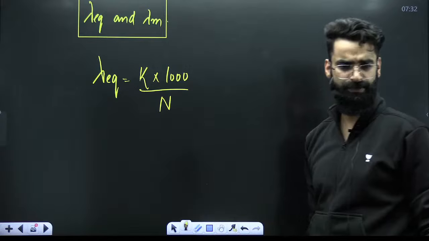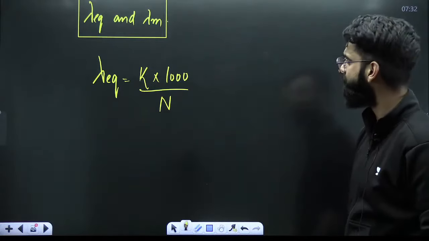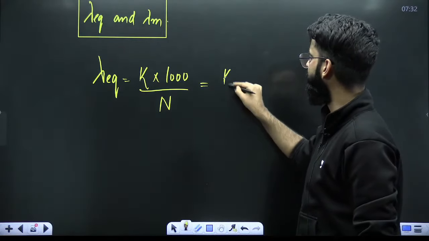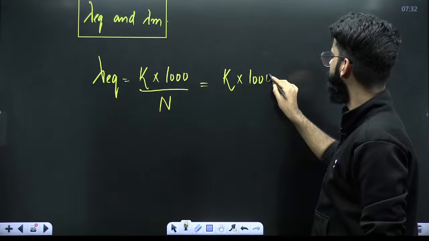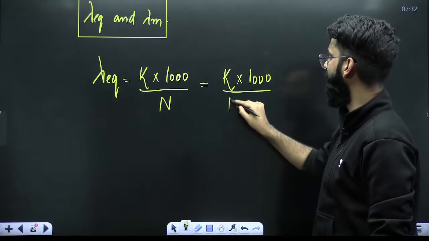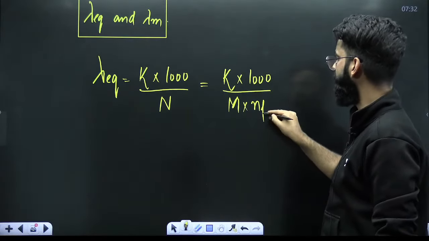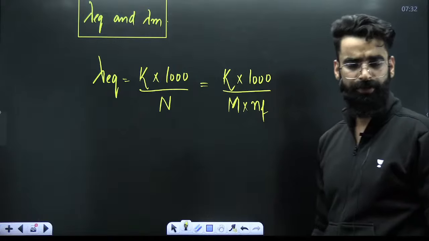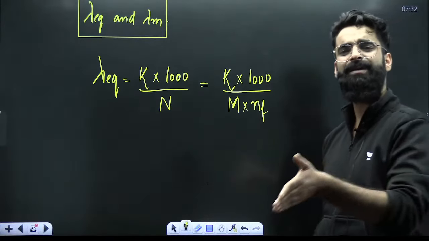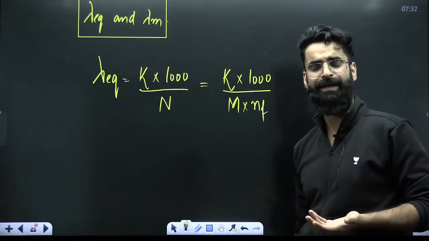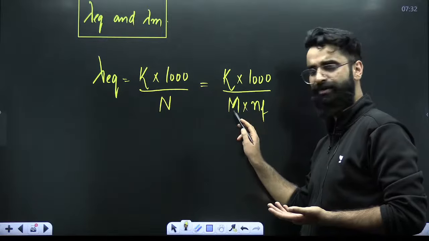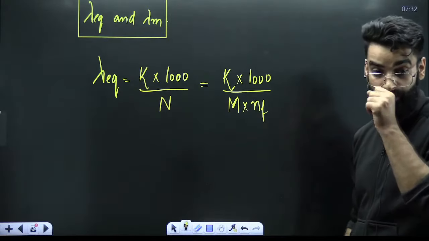Now tell me one thing. I write it like this, kappa multiplied by 1000 divided by, instead of normality, molarity multiplied by n factor. You know it? Normality is equal to molarity multiplied by n factor of solute. Solute is your electrolyte.